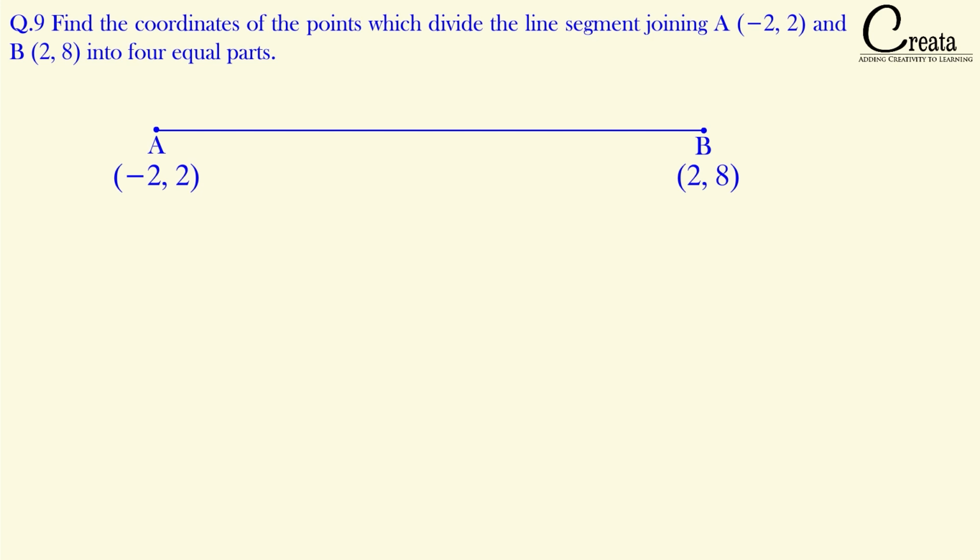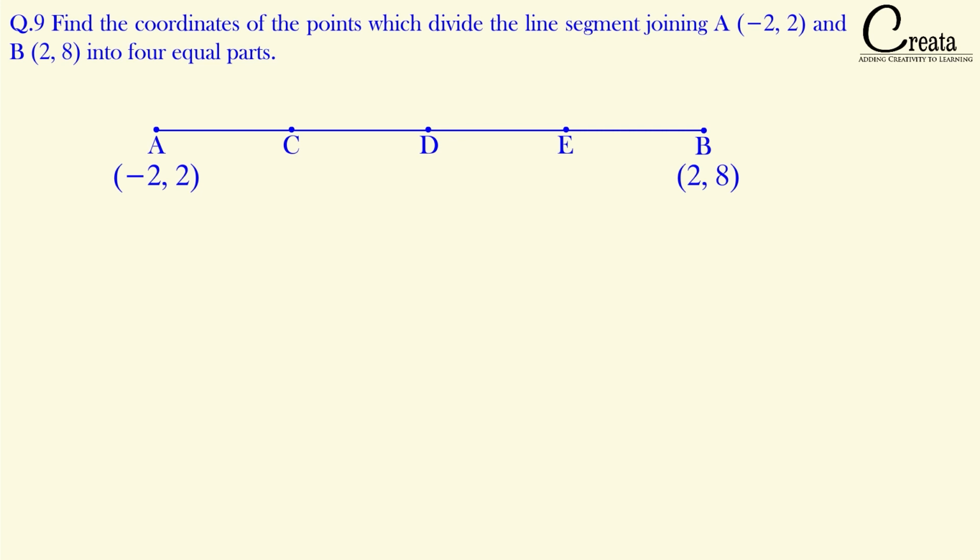This line segment is divided into a total of 4 parts. Let's assume the dividing points as C, D and E. The 4 parts are AC, CD, DE and EB. In the question we have to find the coordinates of points C, D and E.